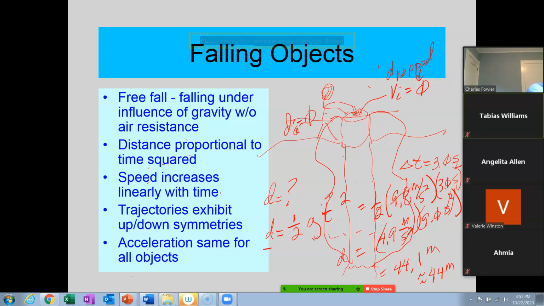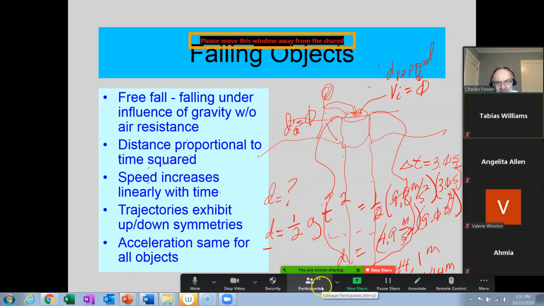Diana Patino is here. Is someone else trying to get in? Nope, we got 10 students. Let me make sure I've got 10. 2, 3, 4, 5, 6, 7, 8, 9, 10. Got it.